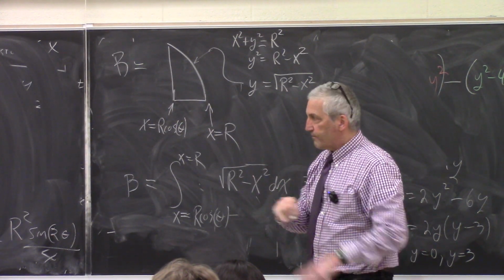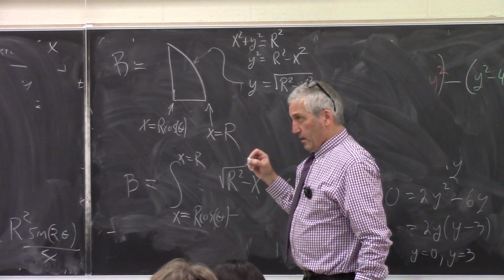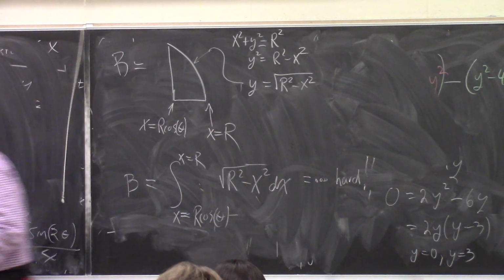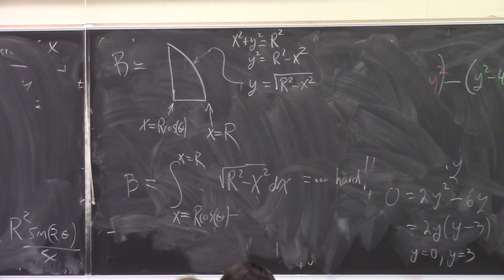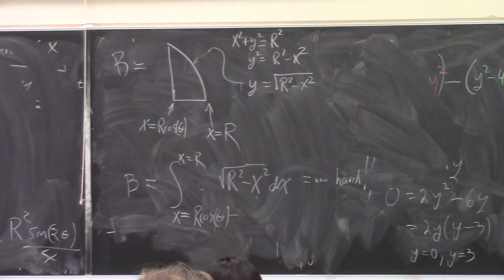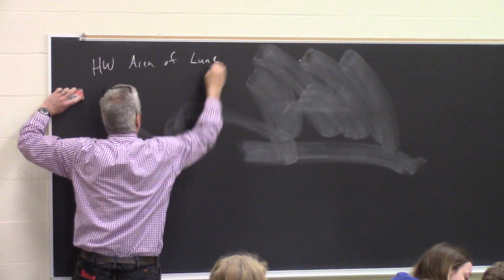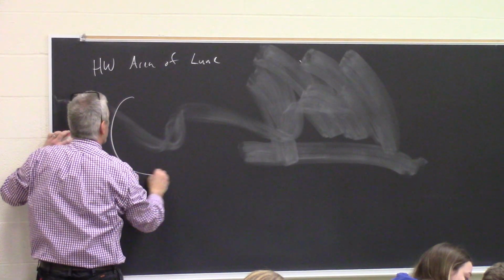Now, in the last minute, I want to talk about something else. The reason I bring this up is because you have a really beautiful and really cool homework problem. Area of a loon. So a loon is this.